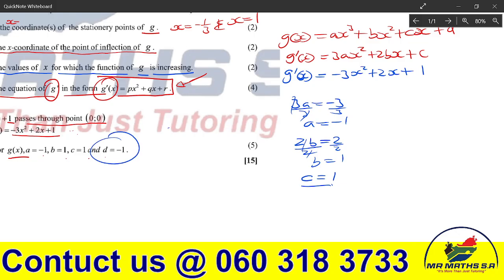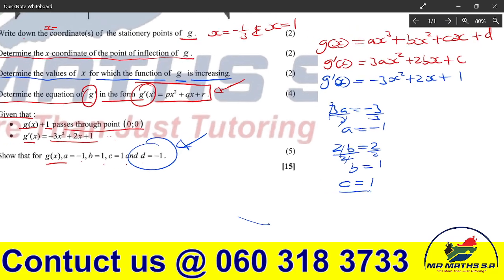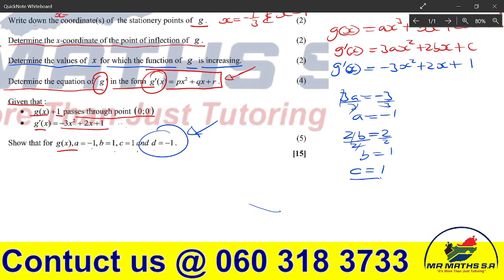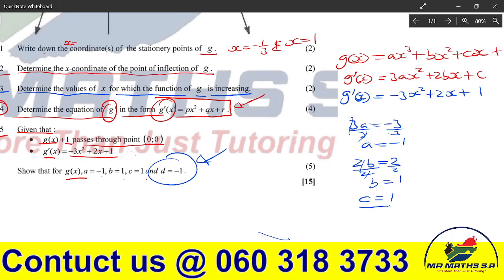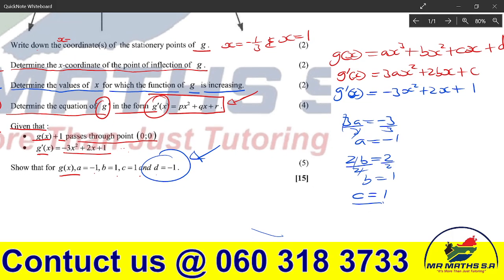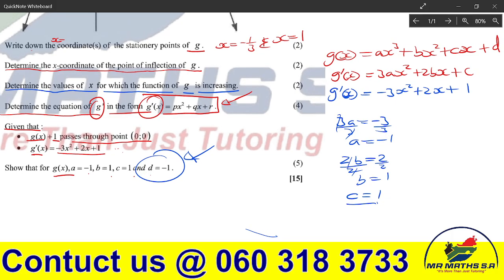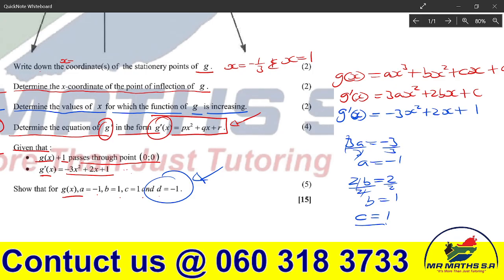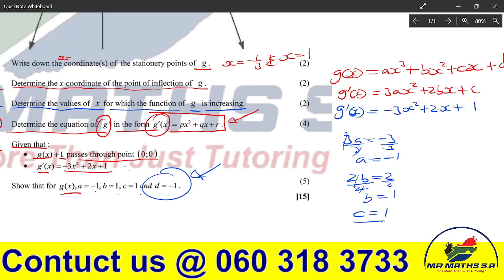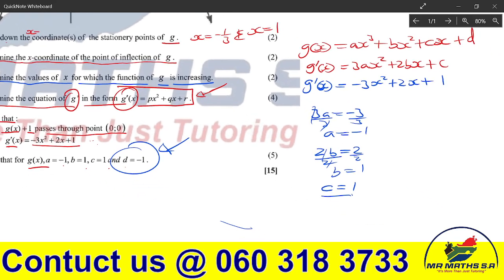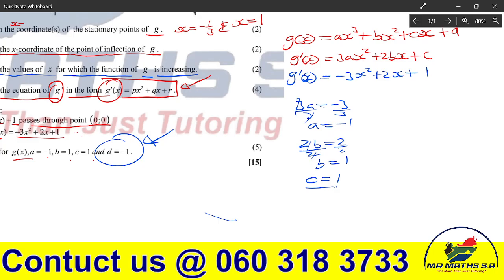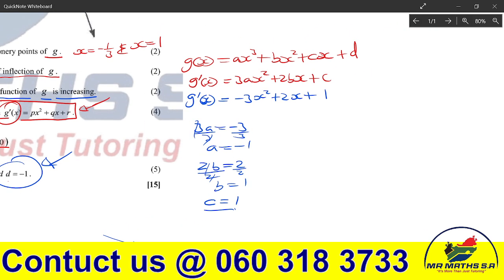For d, we are going to write the normal equation g of x, since we have the other variables, and then substitute 0 in the place of x because d is a y-intercept.